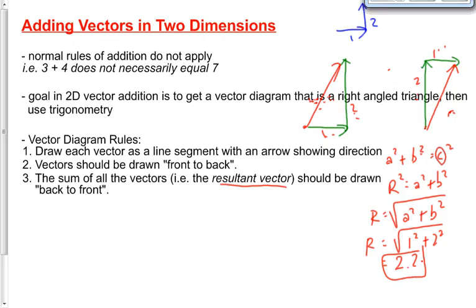In other words, direction mattered not only for the numbers you were adding together, direction mattered for the answer as well. Where are we going to get the direction from? We know the value, the magnitude of the sum of these vectors is 2.2 when they're at right angles to each other. But how do you get the direction of that 2.2?